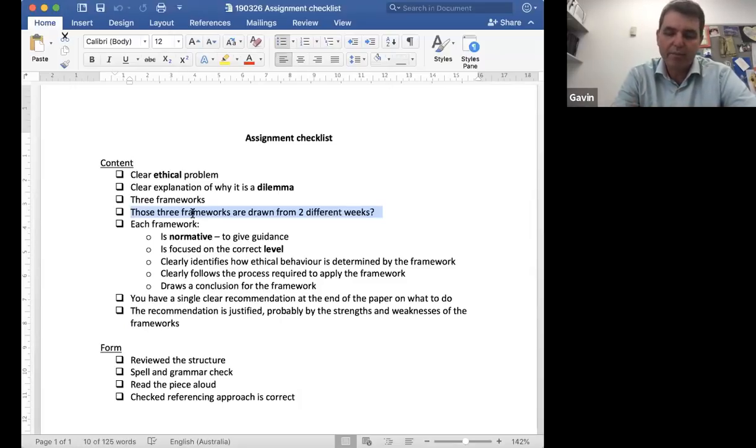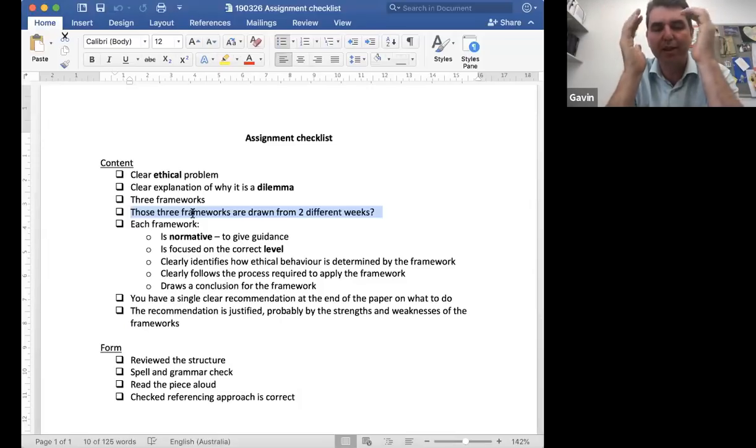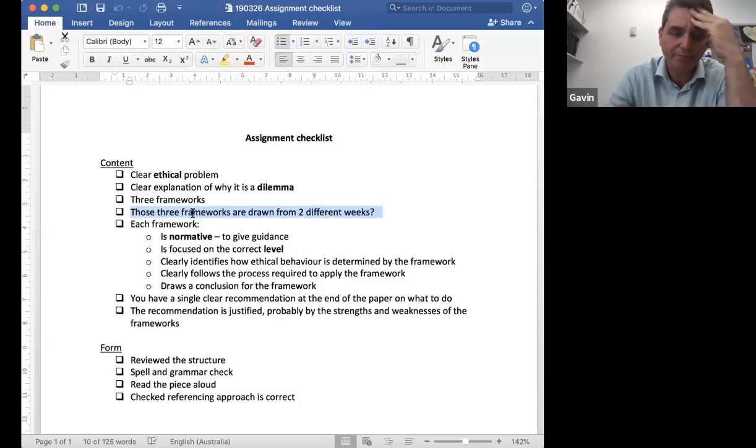So it's really making sure that you can address the problem from different angles. I think the best approach is to take some from week 2 and 3. I think week 4 will be difficult because it's approaching things at a system level. Okay, so clearly weeks 2 and 3.